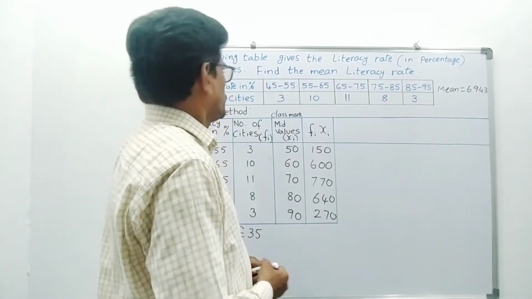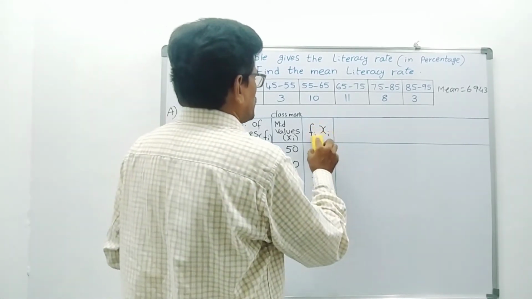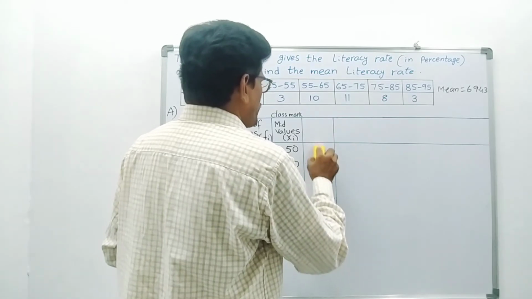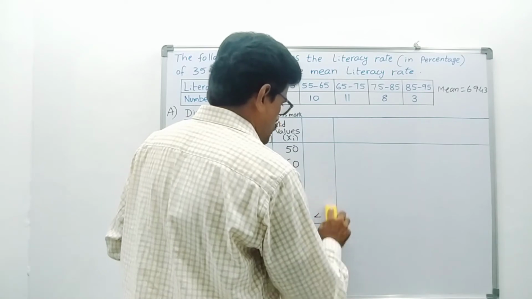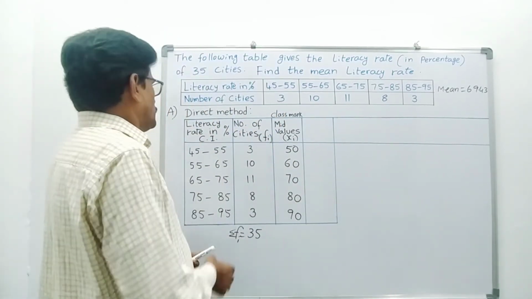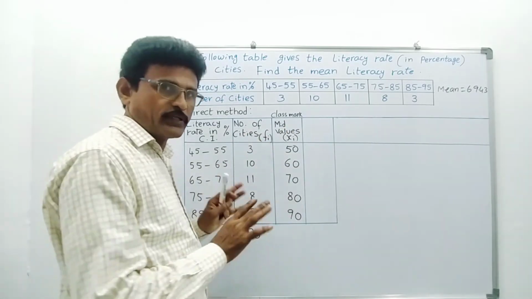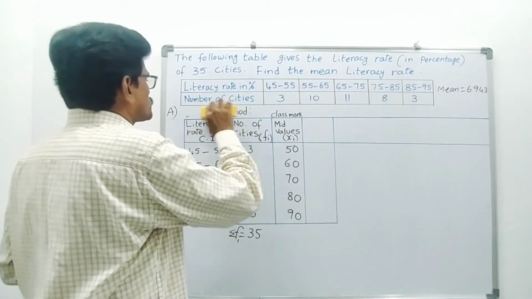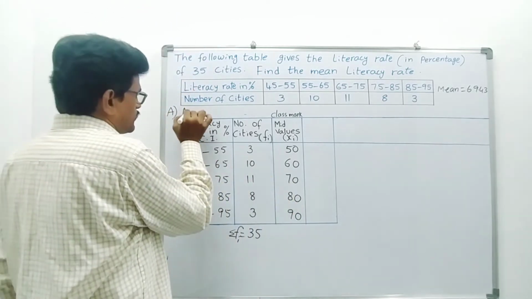Students, here we are solving Fi, but in the assumed mean method, Di values are necessary. We have to find deviation values. So what are those deviations? Observe here: class interval, frequency, mid values. Up to here, same thing.